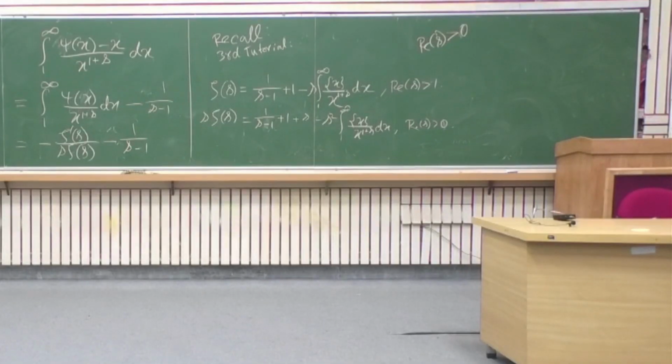This divided by the expression 1 by s minus 1 plus a0 plus a1 times s minus 1 plus dot dot dot, this minus 1 by s minus 1, right.